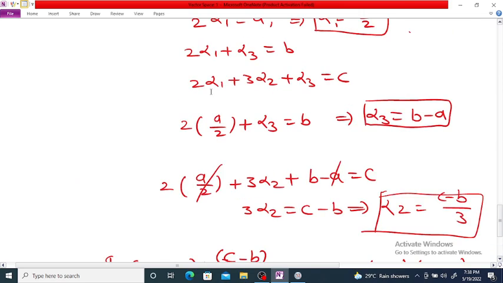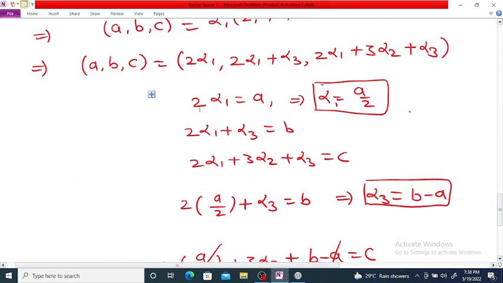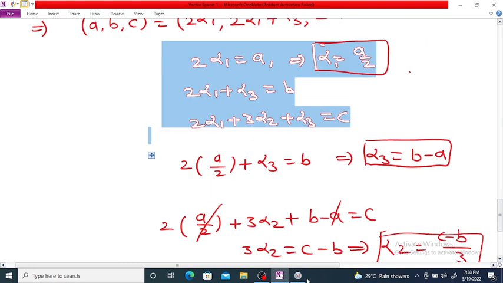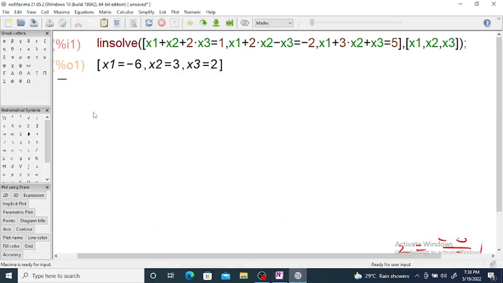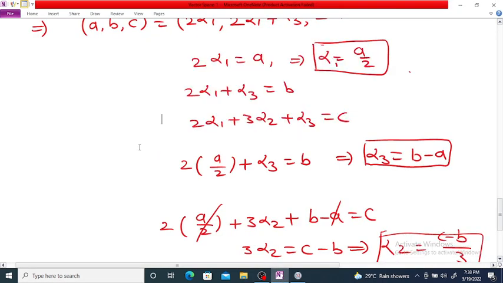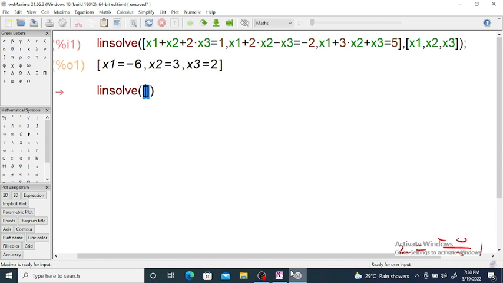Again, I don't know whether we can solve such a type of equation in Maxima or not. We are going to try first. I am writing the first equation using linsolve. The first equation is twice x1 is equal to a.